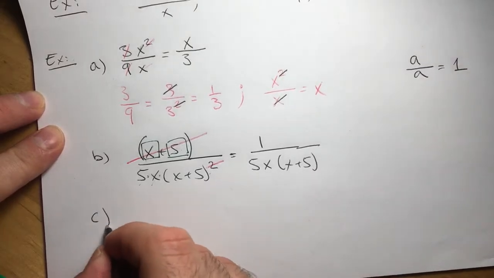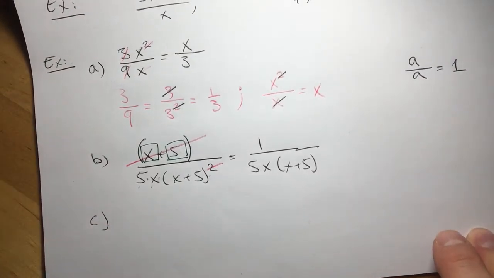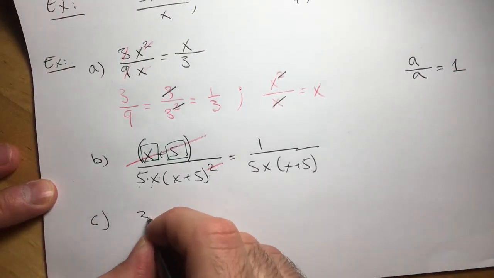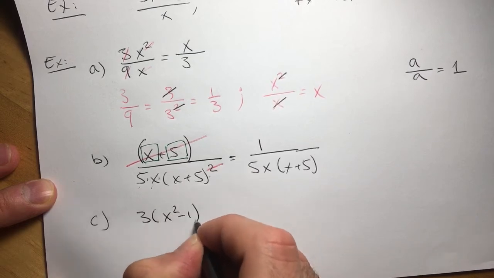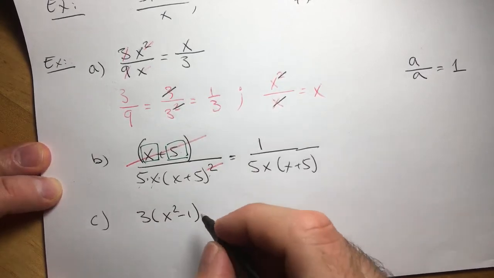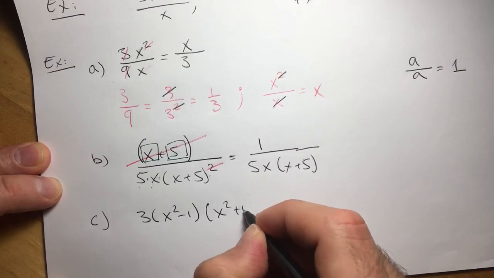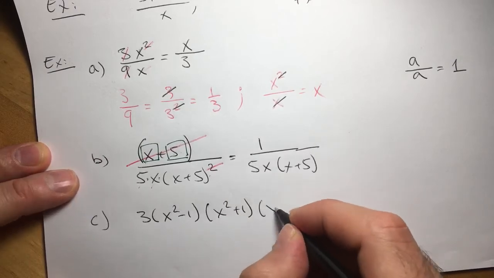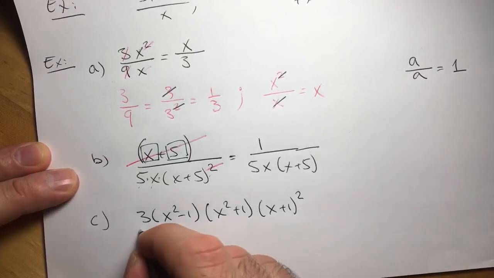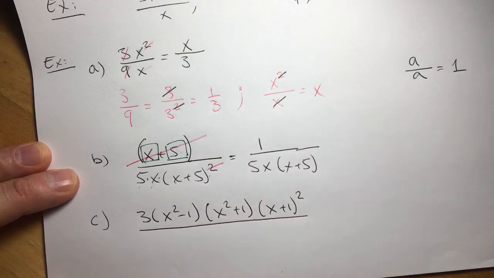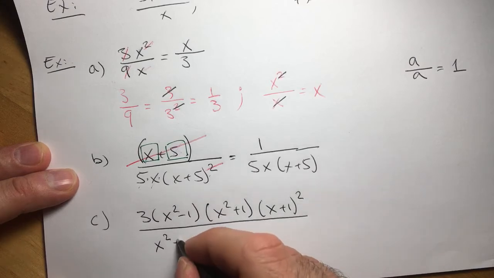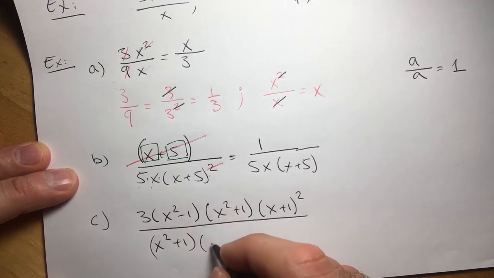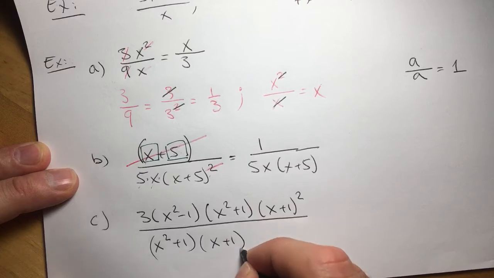Let's do a few more examples here. Let's do more factors: 3x squared minus 1 times x squared plus 1 times x plus 1 squared over x squared plus 1 times x plus 1.